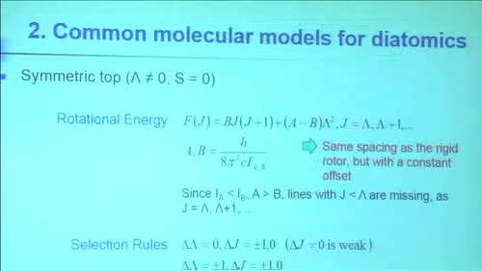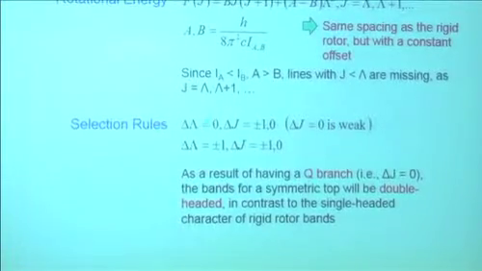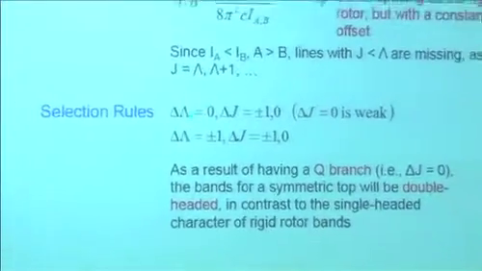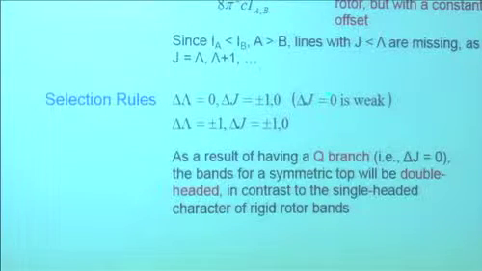Okay, selection rules. Selection rule now for an electronic transition, so we have to be a little careful. Delta lambda is 0. Delta J can be plus or minus 1. Delta J of 0 is allowed, but it's extremely weak, so let's pretend it's not there. But delta lambda of plus or minus 1 also is allowed, and in that case, delta J can be plus or minus 1 or 0.